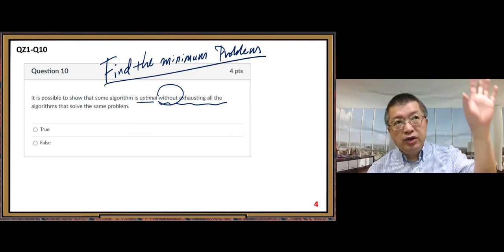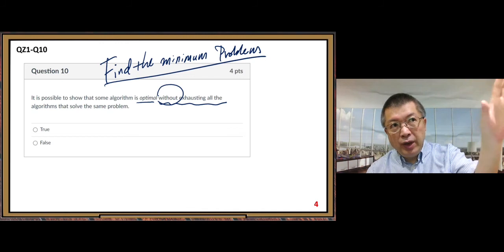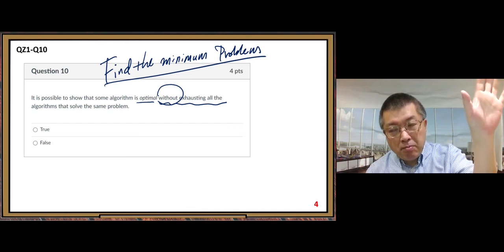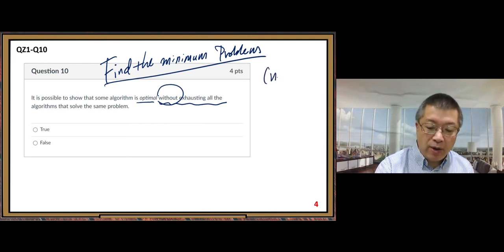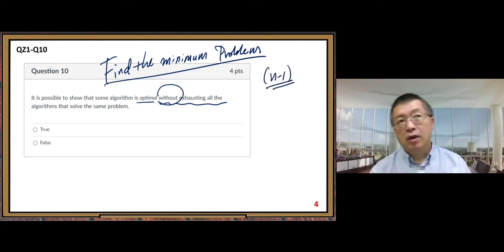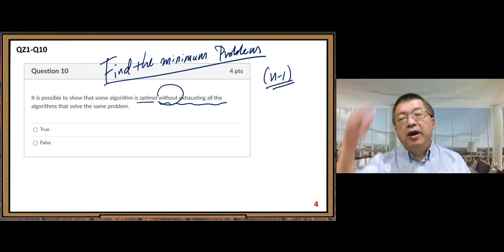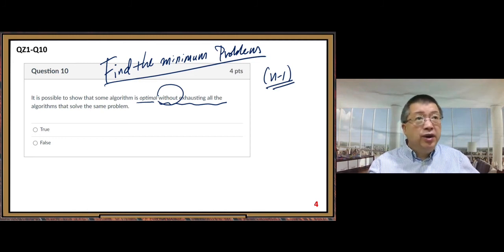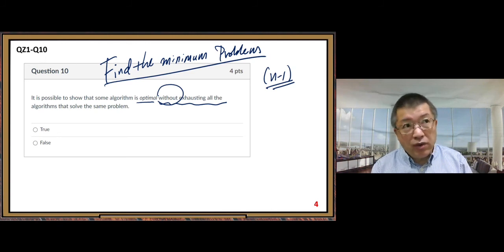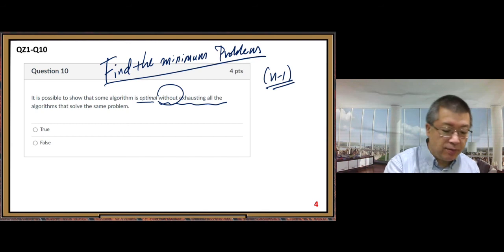We showed we got an optimal algorithm with n-1 comparisons. We have the convincing arguments to show that. Why can we do that? We couldn't exhaust all the algorithms, but why can we still do that? The reason is very simple.